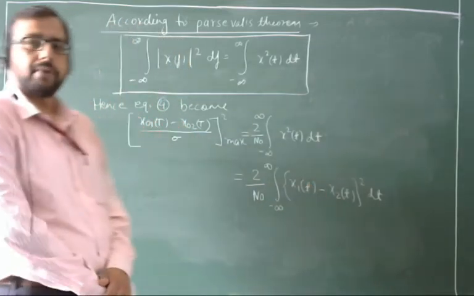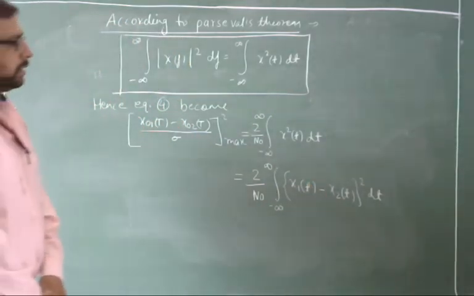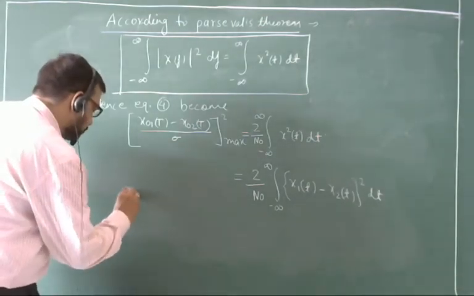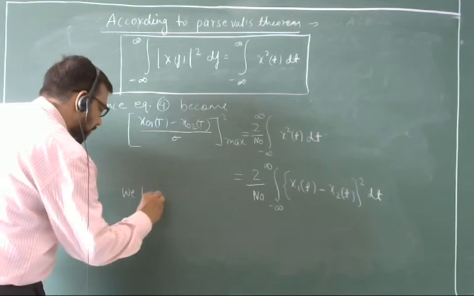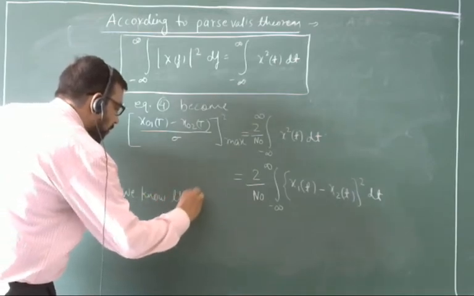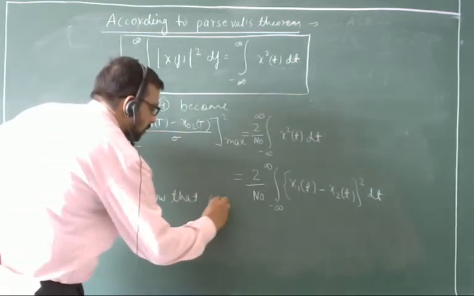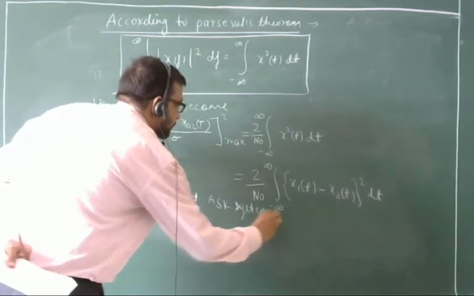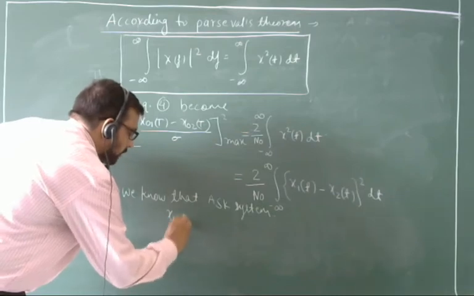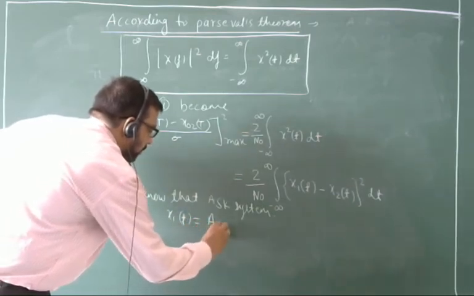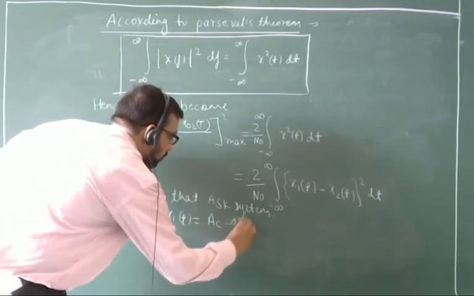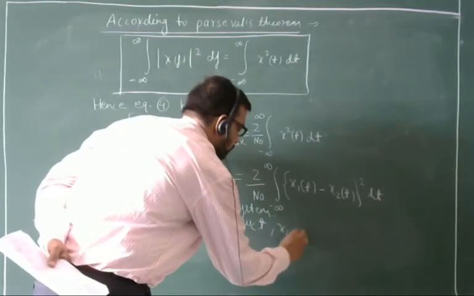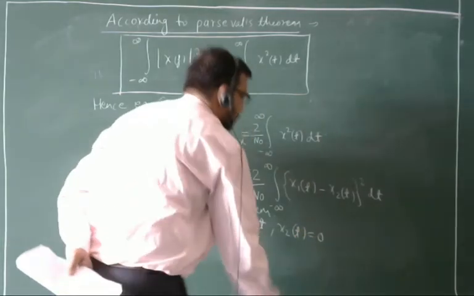We have placed the values here, and as we know, in the ASK system, x1 t is equal to A C cos omega c t and x2 t is equal to 0.